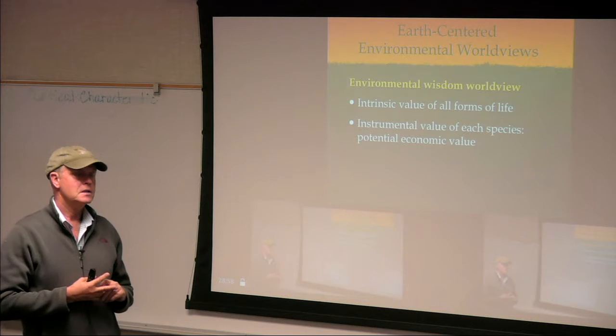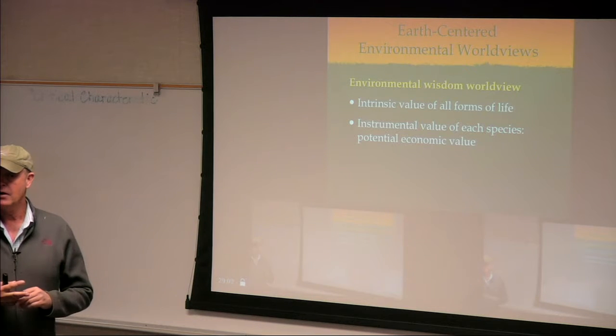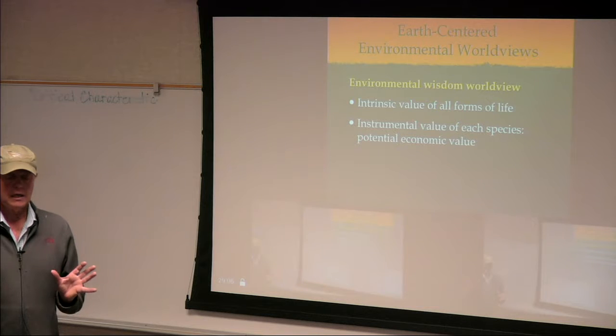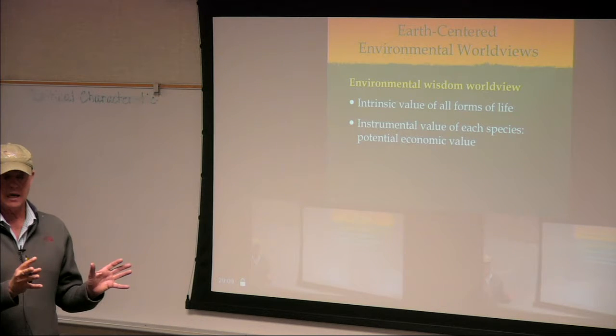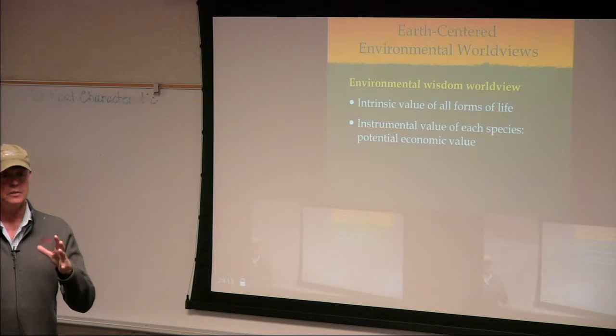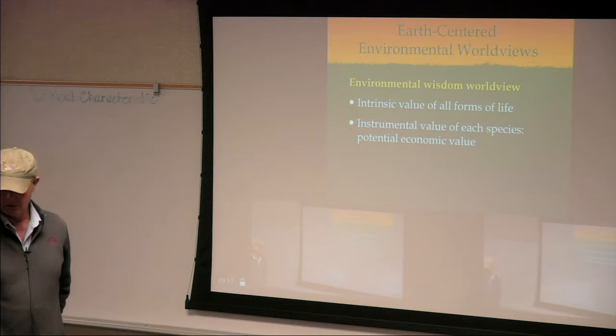In the past, that would be where some of the very environmentally focused people come from, who don't really care as much about the human side of it or the steward side of it. Is this little habitat or this particular species being taken care of? So that's the environmental wisdom worldview.